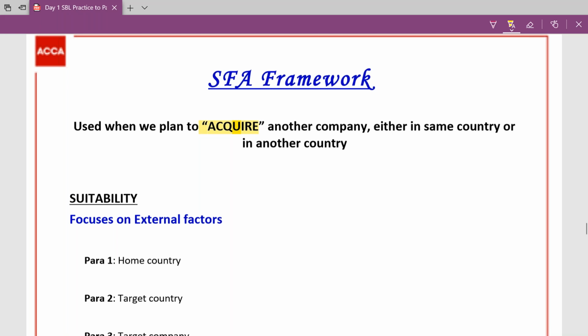How would you know when reading a question that you need to apply it? You will definitely see the word acquisition or the proposed acquisition. You will see information given about another company, the proposed target company. All this will help you identify that the topic is SFA.